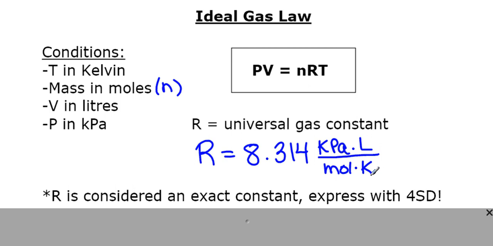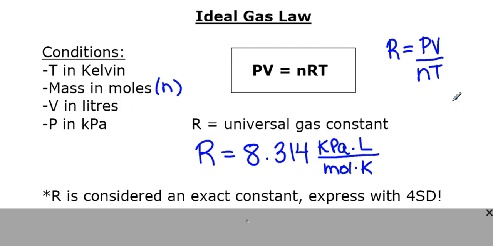R is considered to be an exact constant. For us, we're going to express it with 4 significant digits, but if you include less rounding, of course, you can have more than that. So why does the gas law constant get those units? Well, if we take this formula and rearrange it, if you just looked at R, you would have PV over nT.